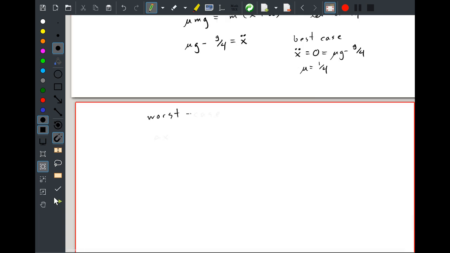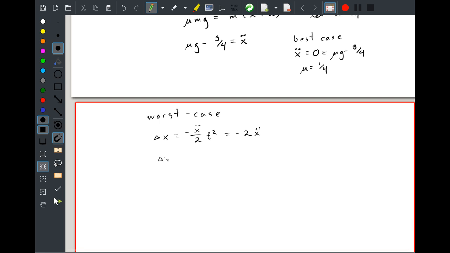We want delta x, which is equal to negative x double dot over 2 times t squared, where delta t is 2 seconds, so this is equal to negative 2 x double dot.